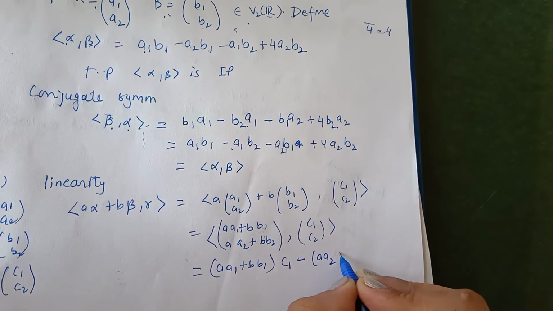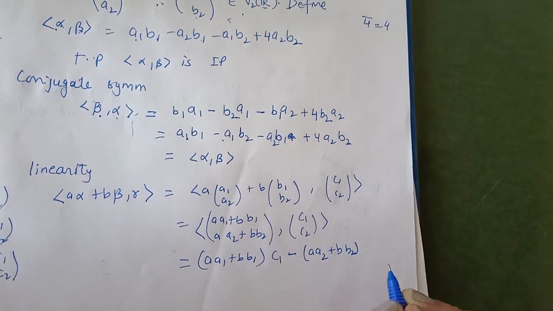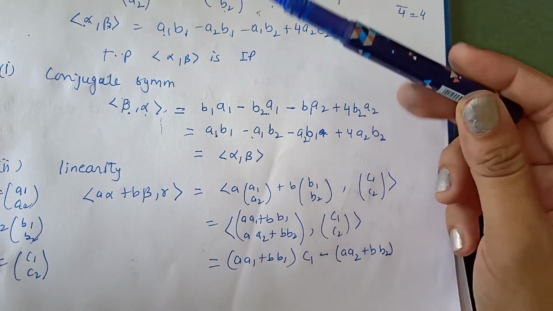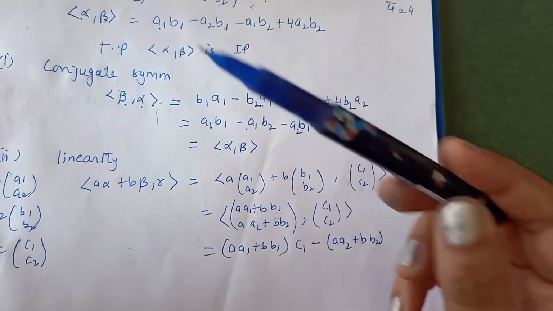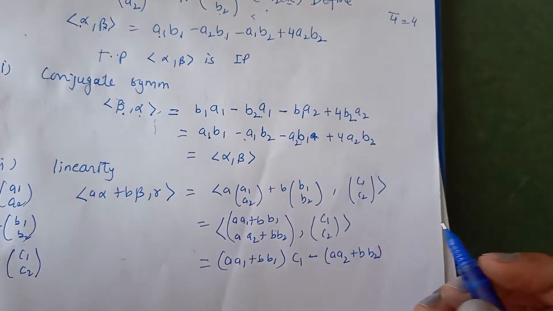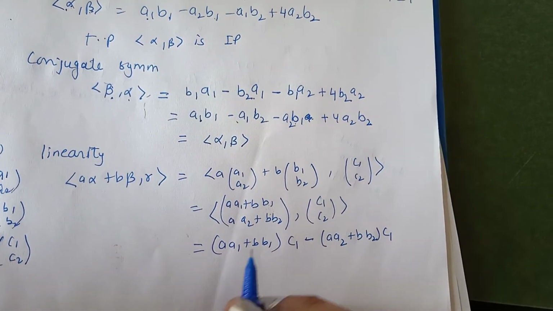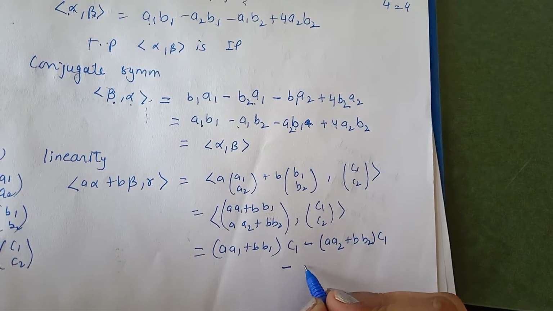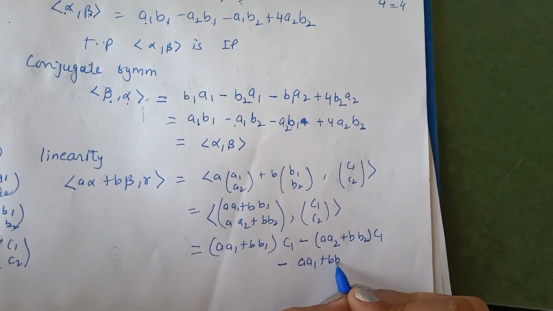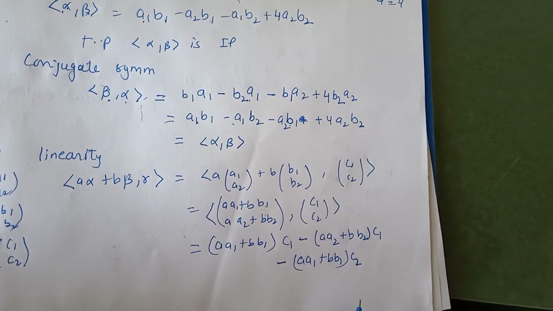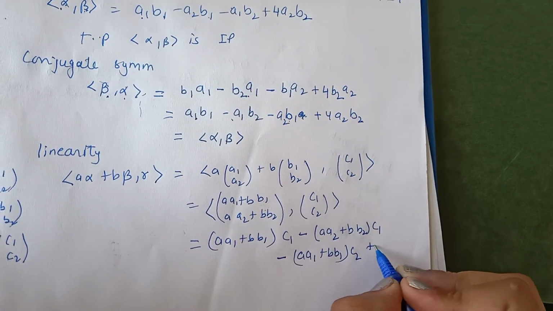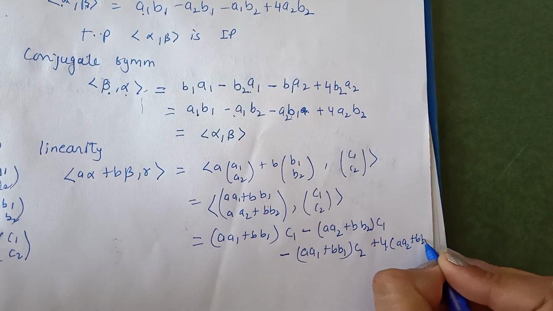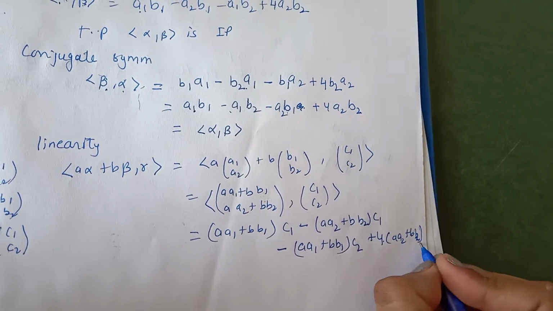So a2 plus b2, but we have to multiply a2 with b1. b1 was the first coordinate of the second vector, so with c1, and next is minus a1 plus b1 with c2, and next is 4 times a2 plus b2 into c2.